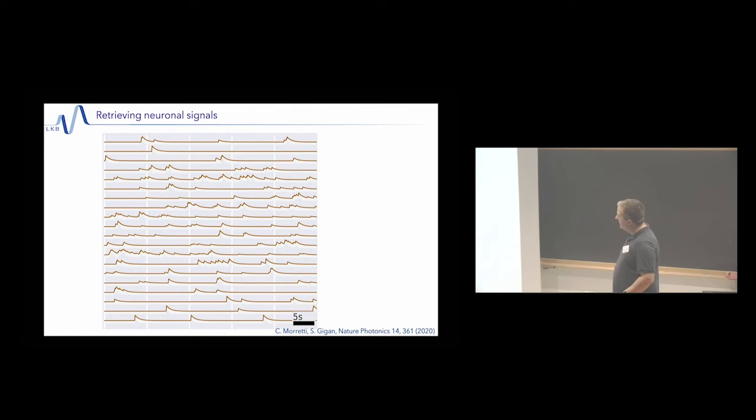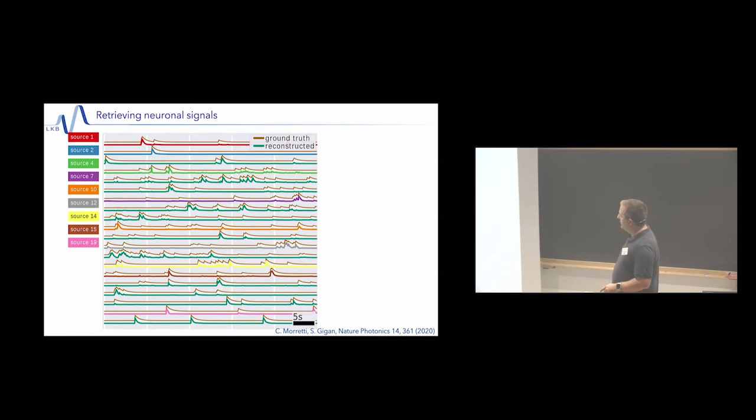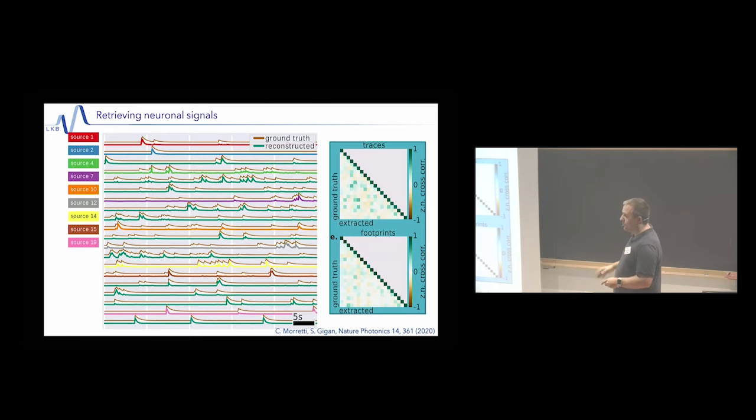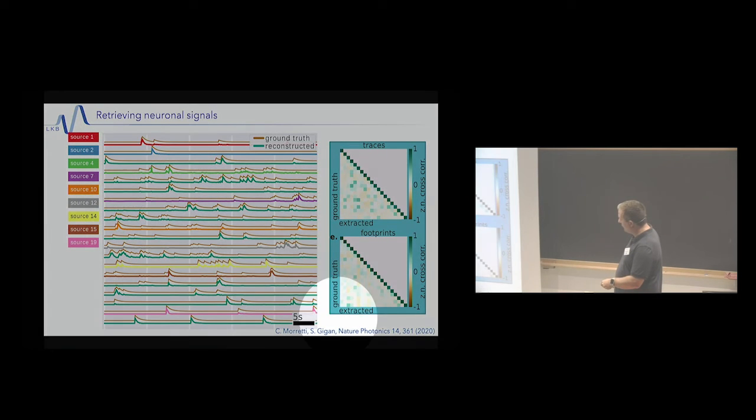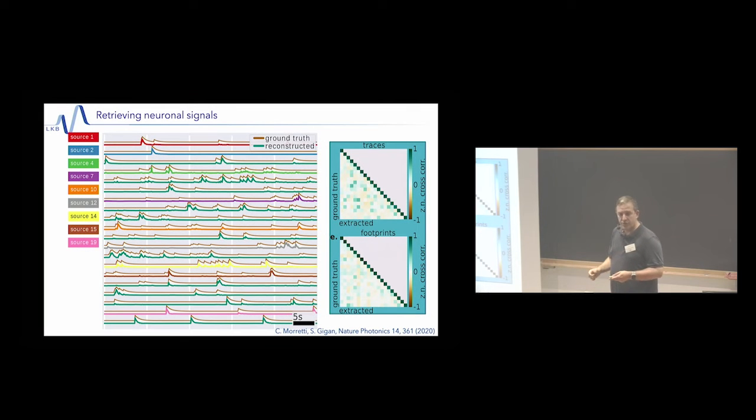So we did that, and it worked quite well. This is the time trace. This is the ground truth that we sent on the neurons, and we could really recover this activity from this demixing. And we could also check that the fingerprints were well correlated with the ground truth, because we can excite them one by one and make sure that it's correlated.